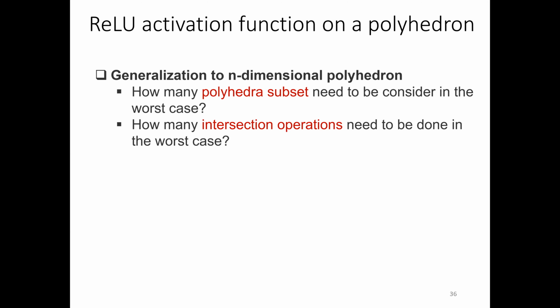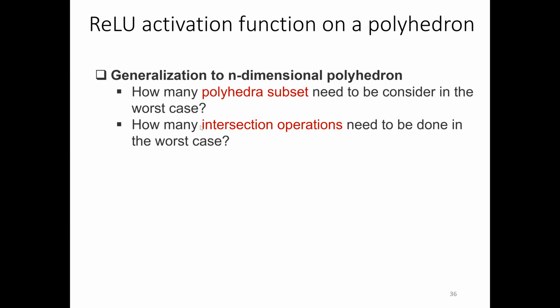That gives 4 bounded polyhedra, so the number of intersections here is 4, right? And in the worst case, when you have an n-dimensional polyhedron, the number of intersections you need to do is also 2 to the power n, right? Yep. Okay, one answer, good.